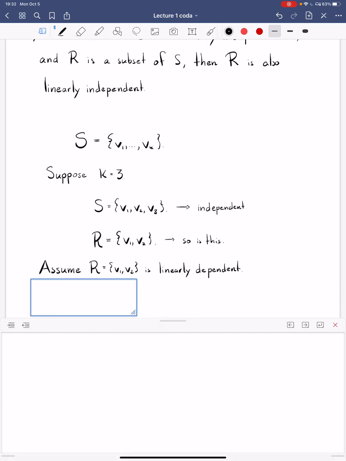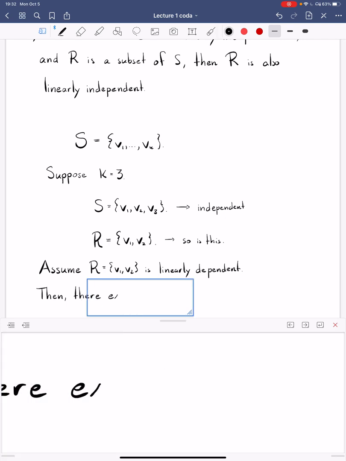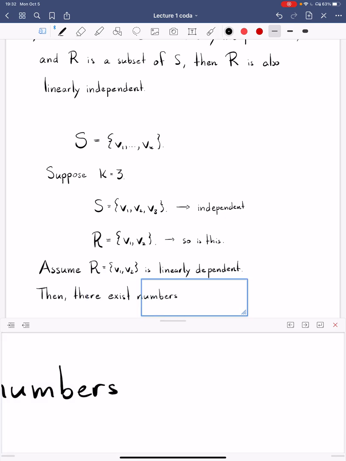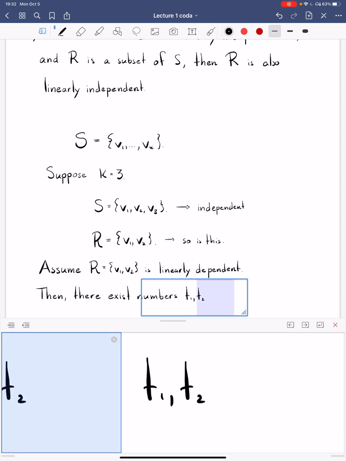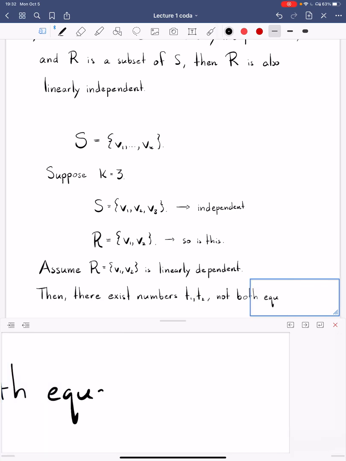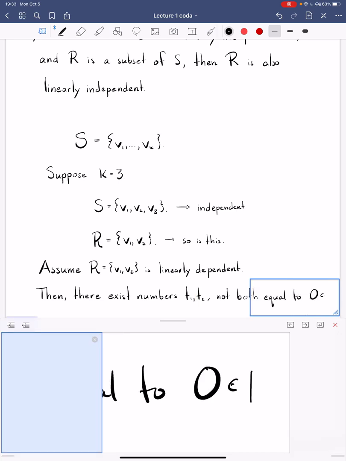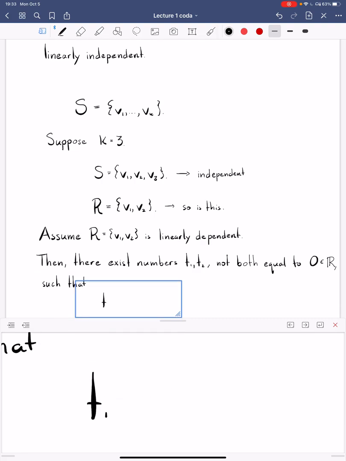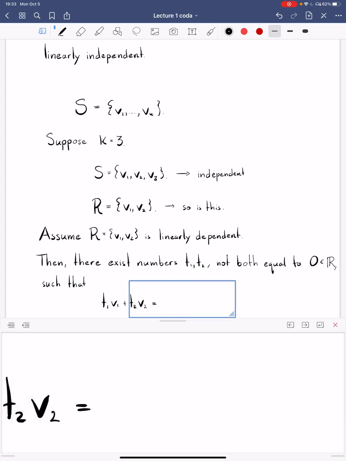Okay, so this means then there exist numbers. So this is the definition of linear dependence. There exist numbers t1, t2, not both equal to the number 0, such that t1 v1 plus t2 v2 is equal to the 0 vector.